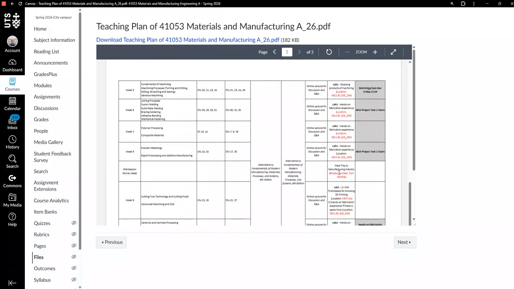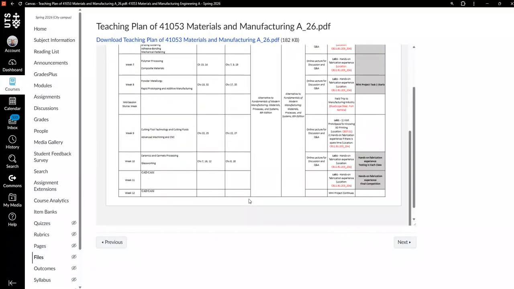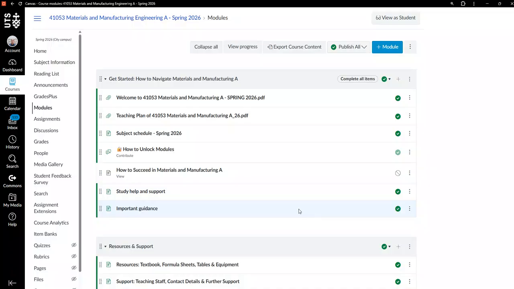This will tell you exactly what we're going to have till the end of the semester, the 12 weeks. You can see that we're going to spend the last 2 weeks talking about CAD/CAM. I will help you gain knowledge about G-coding and CNC machining. Everything will be discussed on time.